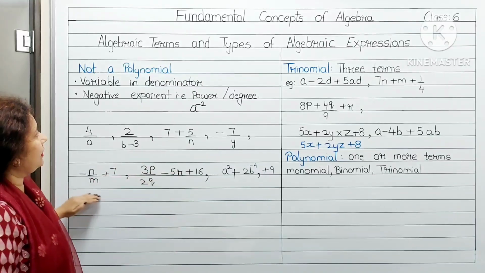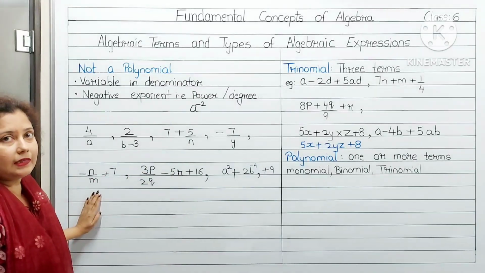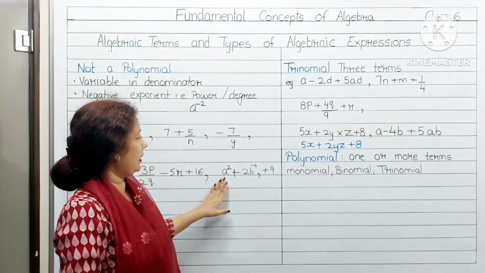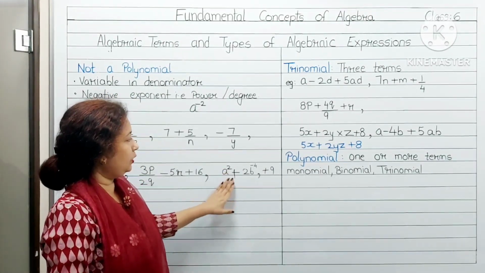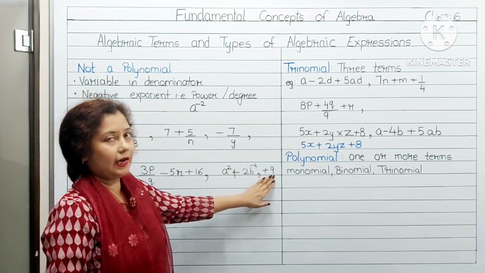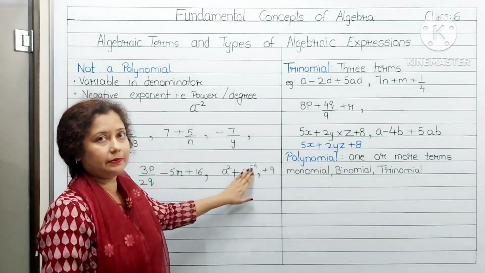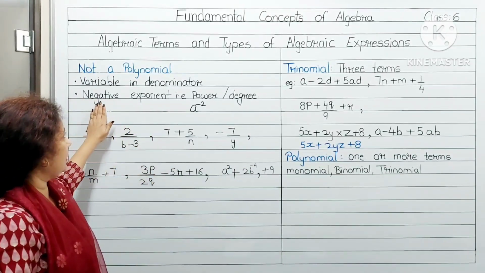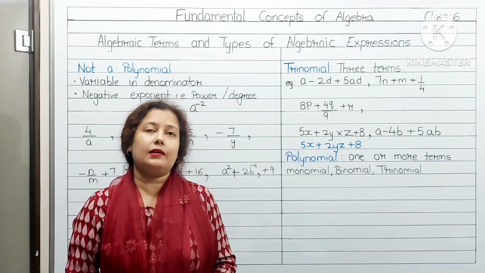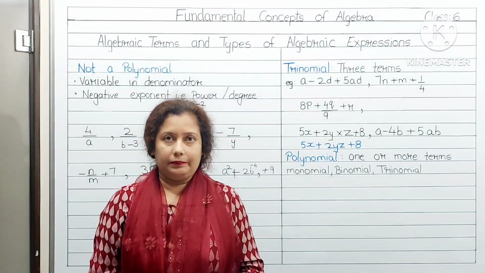So all these are examples which we can't consider as polynomials. One more condition, that is a raised to power 2 plus 2b raised to minus 4 plus 9. So here minus 4 is present, that is a negative exponent. So this is also not considered a polynomial.